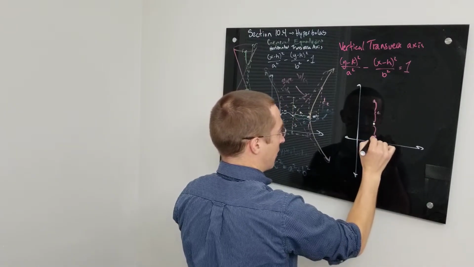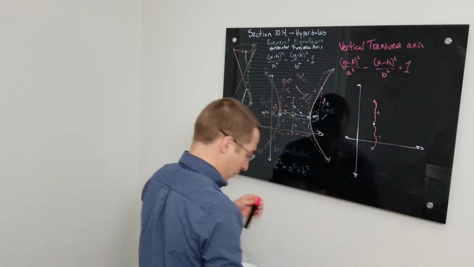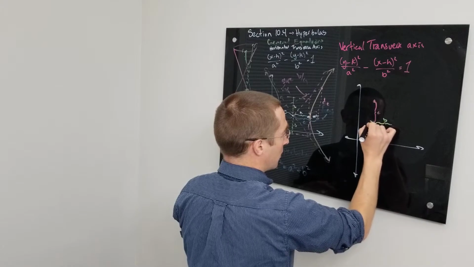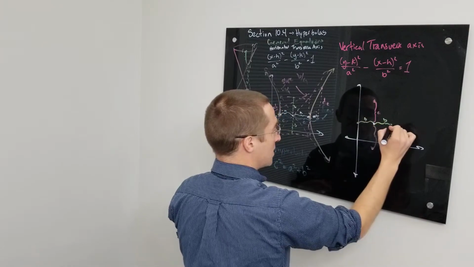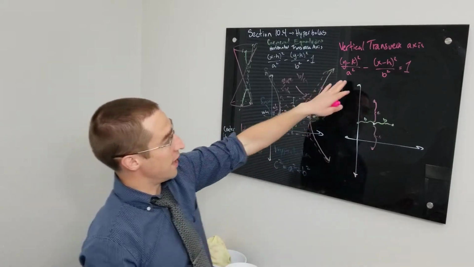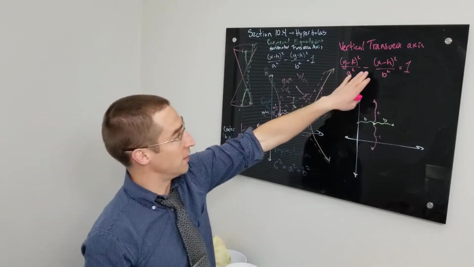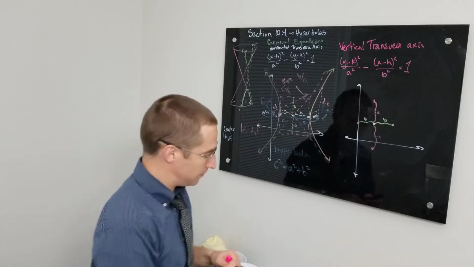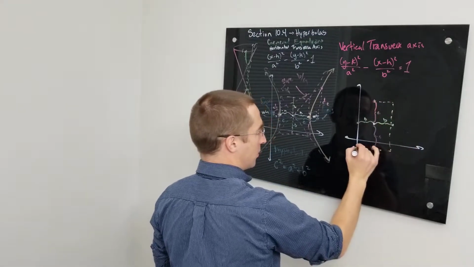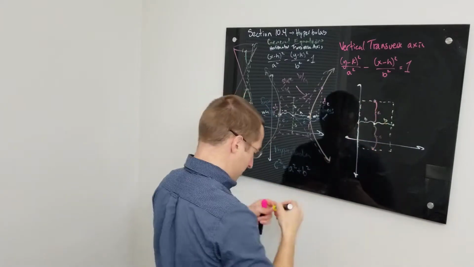We're going to go down a to get a vertex. We're going to go right and left b from that b squared. Once again, b does not need to be bigger or smaller than a. It's just the a part is under the positive and then the minus, so that makes that one b. And then here we draw in our little rectangle so that we can draw our asymptotes.